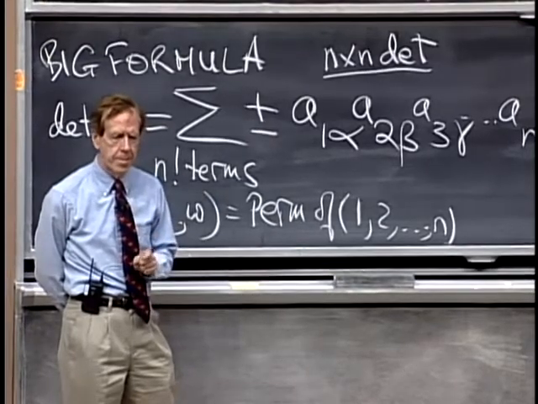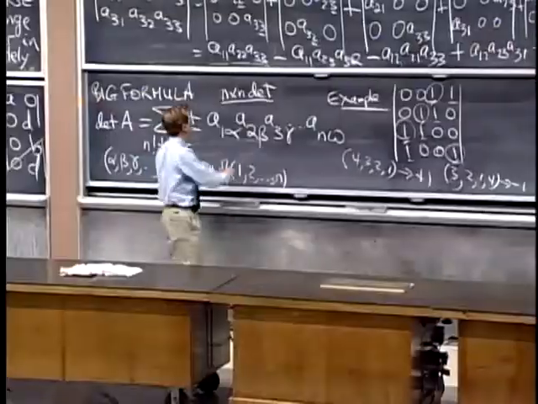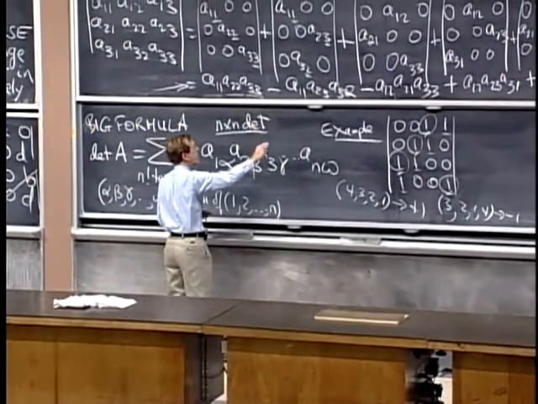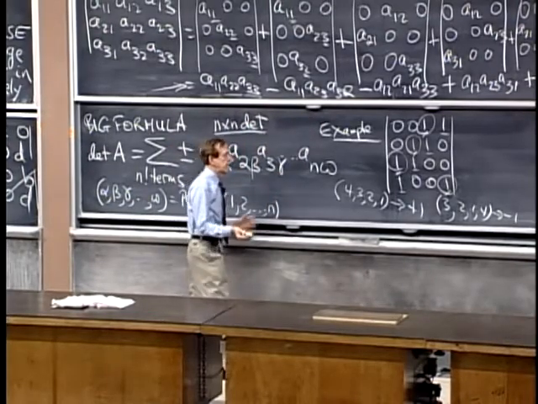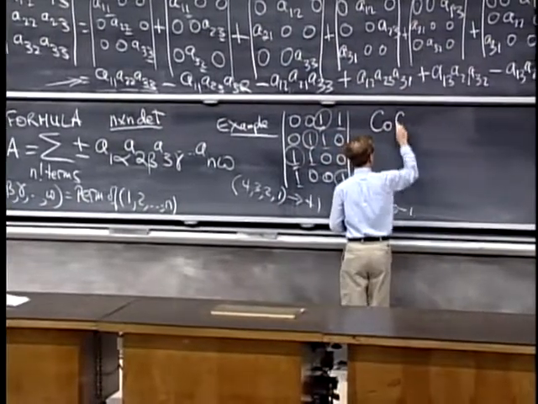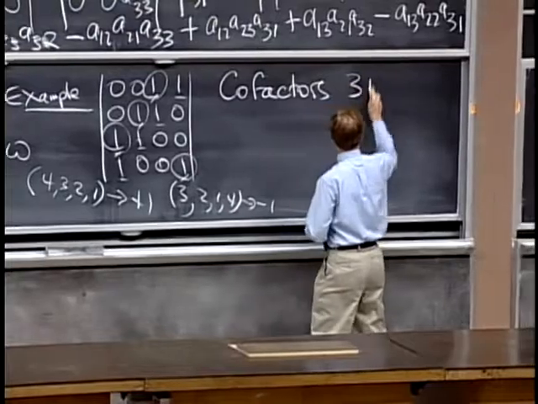And the way we want to do it is going to show up in the 3 by 3, the one that we wrote out in full. So I'm talking about cofactors, and I'm going to start again with 3 by 3.